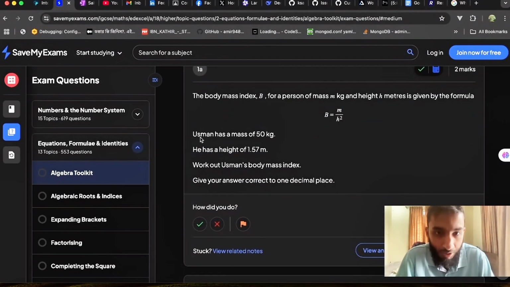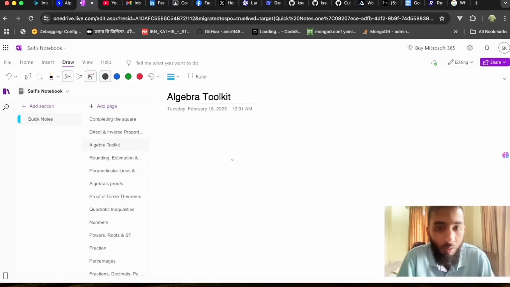A person Usman has a mass of 50 kg and a height of 1.57, so you have to figure out the body mass index. The formula given is the body mass index B is the mass of the person divided by the square of the height.